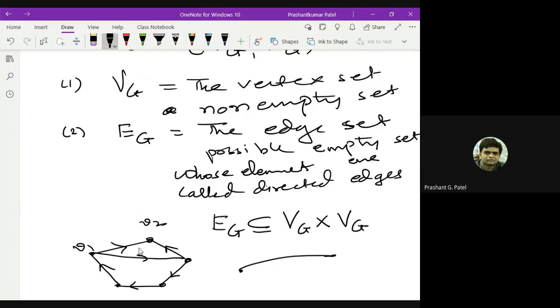And when there is a directed graph, you can define degree also. It's called in degree and out degree. Okay. In degree is the number of edges going into the vertex, and out degree is the number of edges going out from that vertex. It is called out degree.